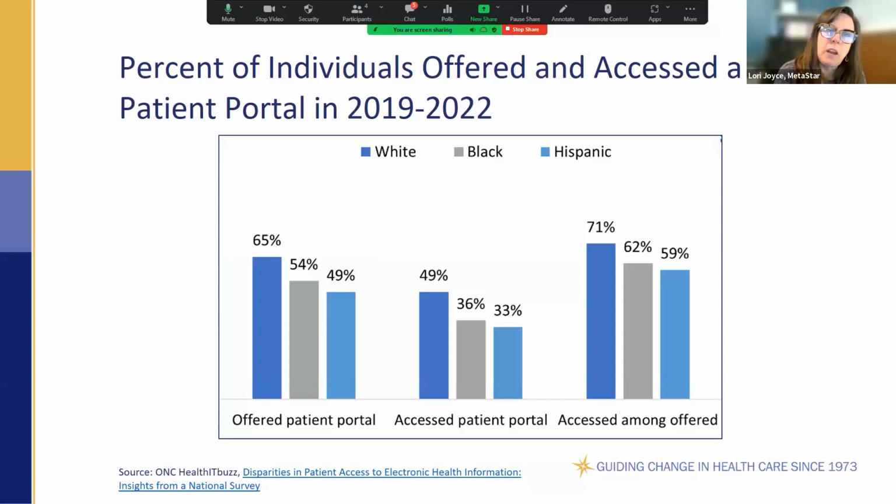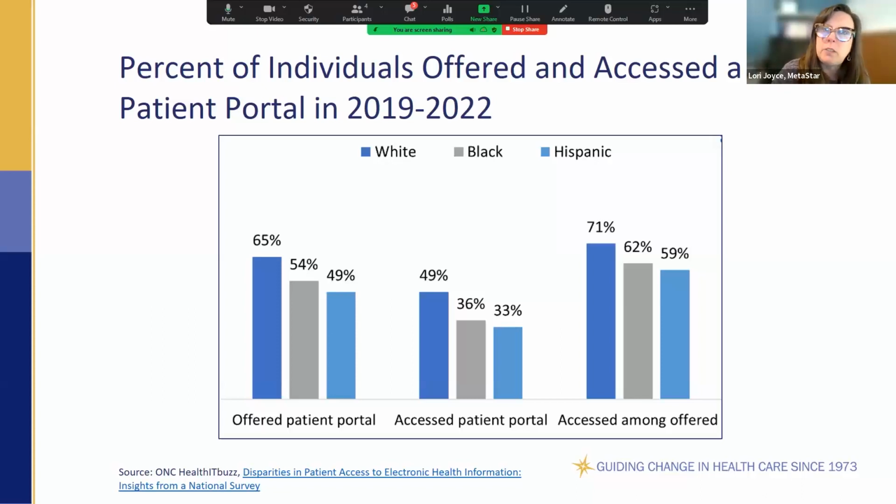Anyway, it did show that patients weren't as commonly offered a patient portal based on race and ethnicity, and those who were offered were less likely to access it. And the access among those who were offered a portal also showed some disparities.